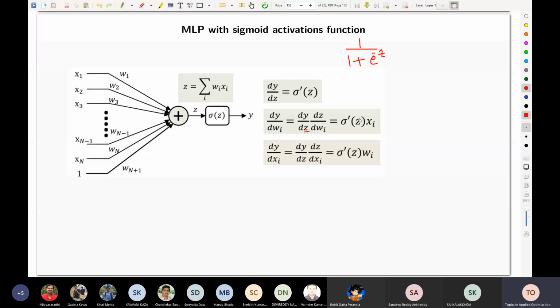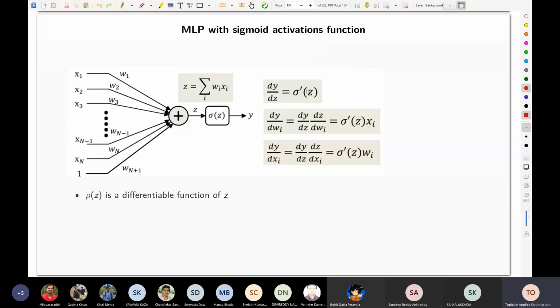Then dy by dz we can substitute by sigma prime z, and then dz by dwi. If I take the partial derivative of z with respect to wi, I will be left with xi. That's why you have an xi here. Similarly, I can also compute the derivative with respect to xi.